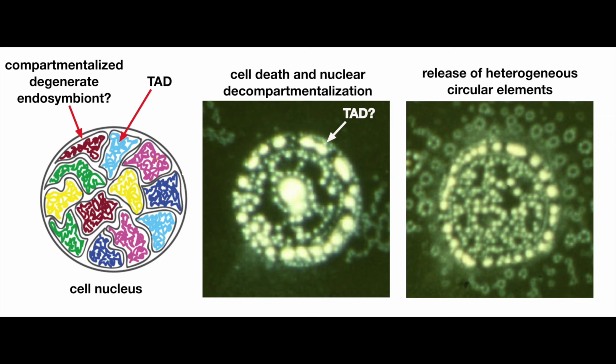And then if you look at the other photomicrograph, it looks like things are being ejected, little circles of stained circles that are being ejected out of that nucleus, assuming it's a nucleus.